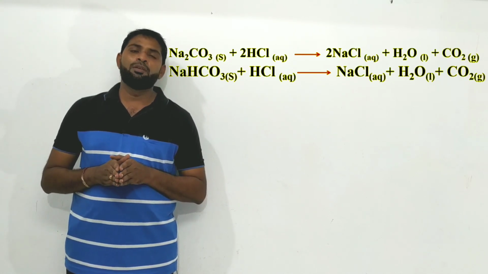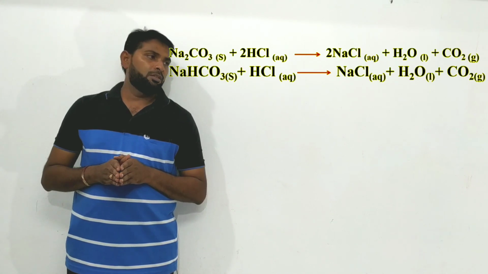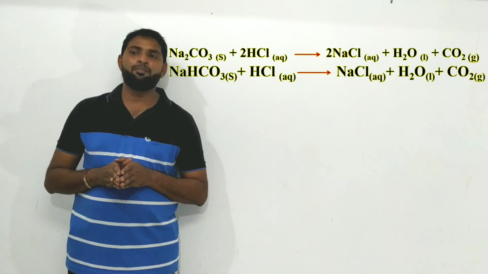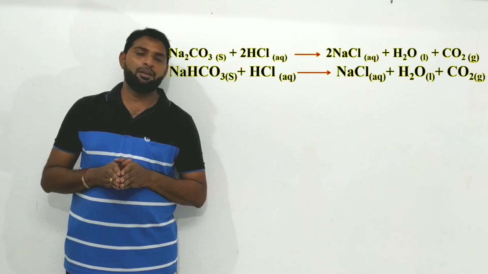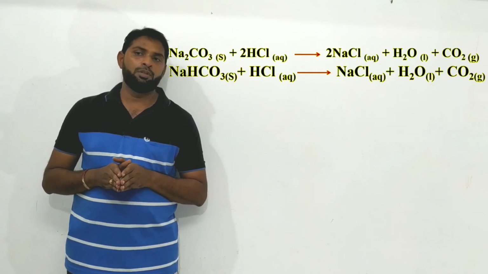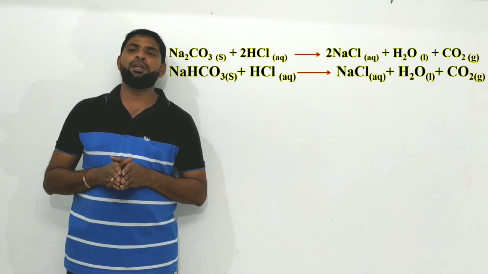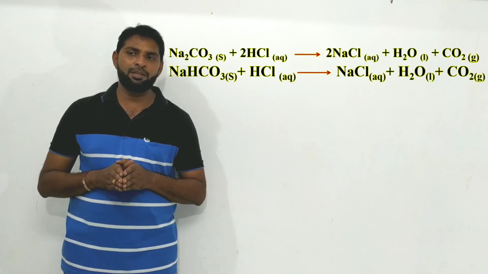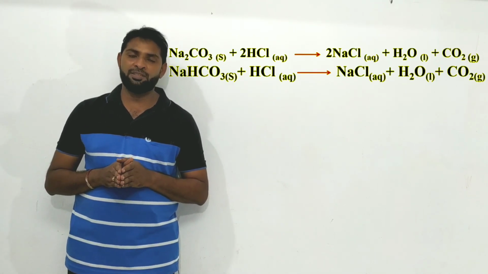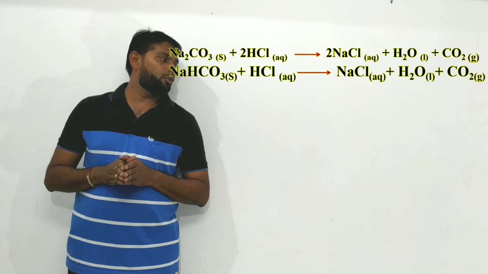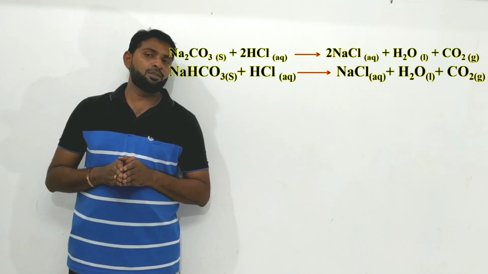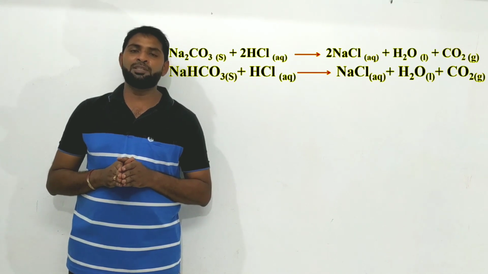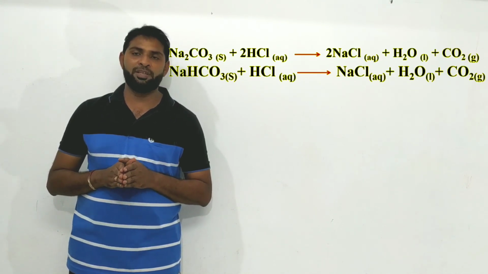Similarly, NaHCO3 plus HCl gives NaCl plus H2O plus CO2. When sodium carbonate reacts with HCl, it gives sodium chloride, which is a salt, plus water plus carbon dioxide. When sodium hydrogen carbonate, also called sodium bicarbonate, reacts with the acid, it gives the salt plus water plus carbon dioxide.